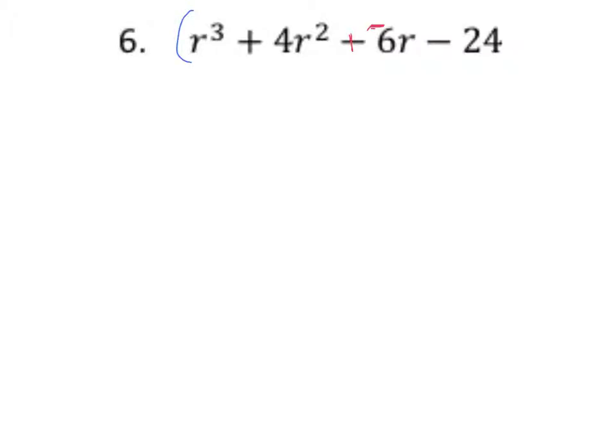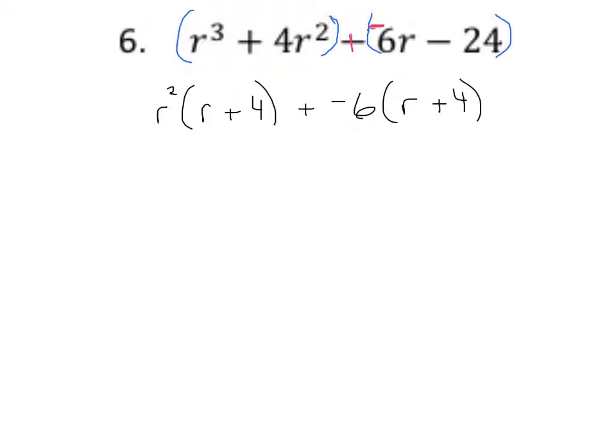So we group the first 2 terms, and we group the second 2 terms, and then let's see about a common factor. In the first one, we have r times r, we have r squared actually, times r plus 4, plus, and then the last one we can pull out a negative 6, and we're left with r plus 4.